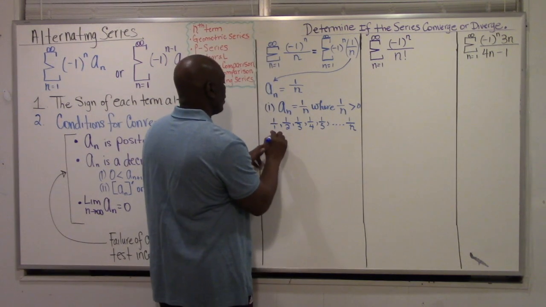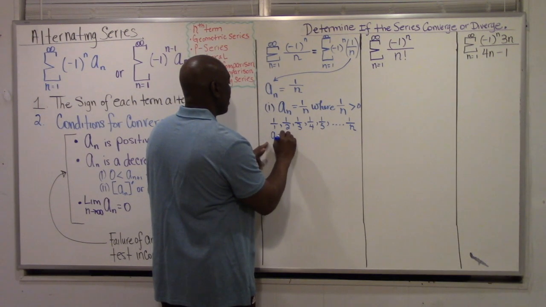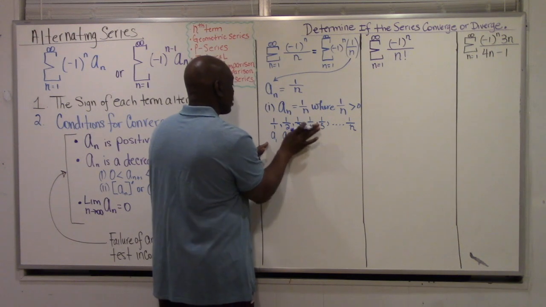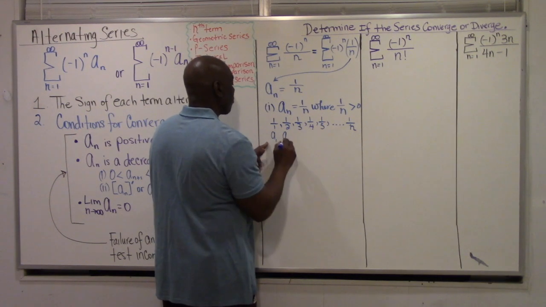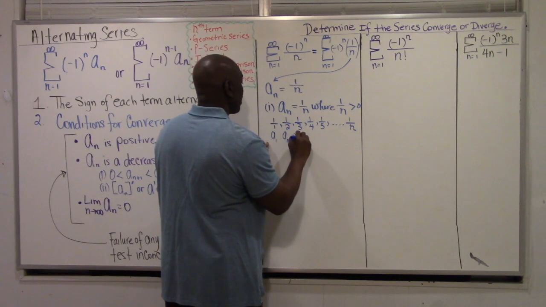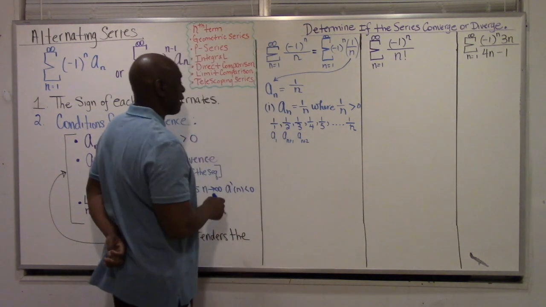So here we have a1. Here we have a sub n plus 1, and here we have a sub n plus 2, and so on and so forth. All right?